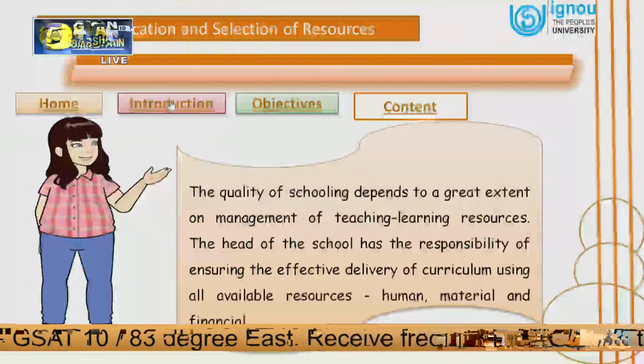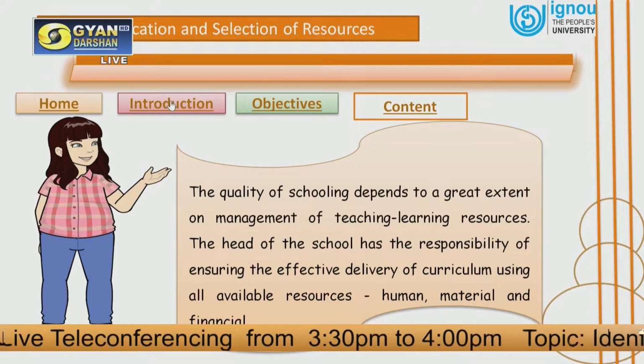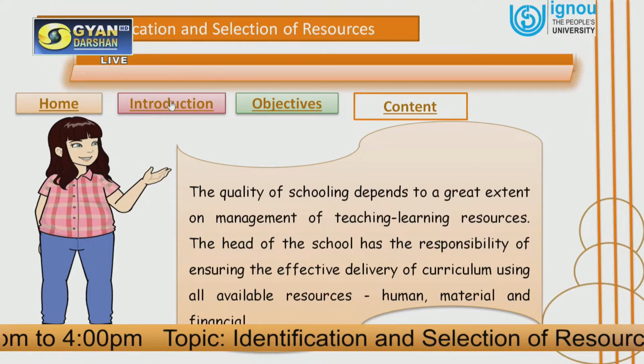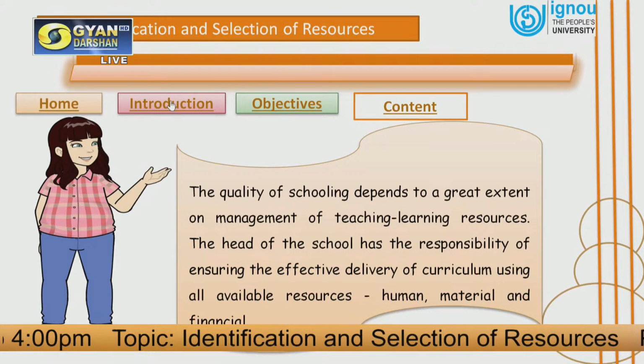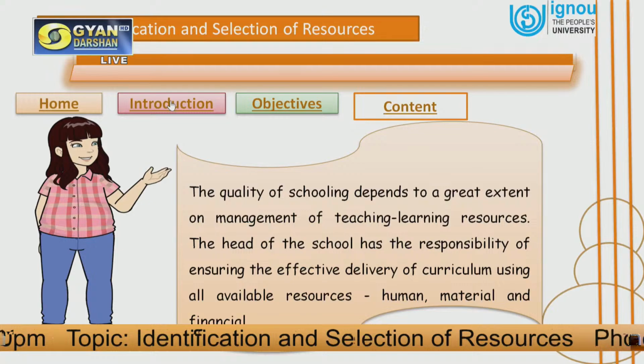What is the responsibility of the head of the school? That is important. The head of the school has the responsibility of ensuring the effective delivery of curriculum using all available resources.